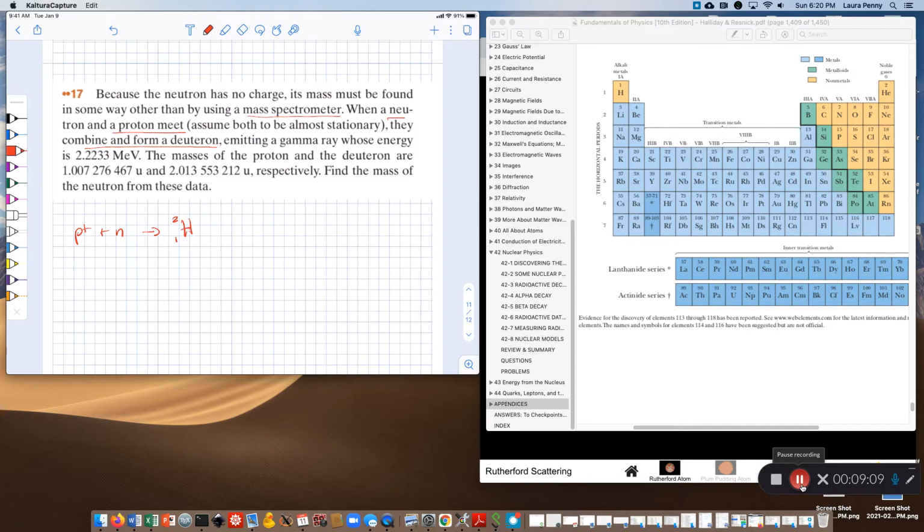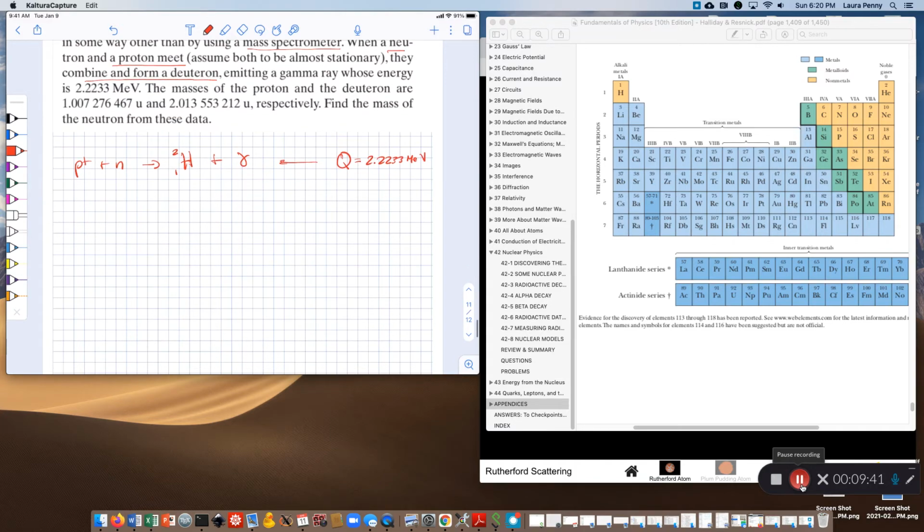They also have to produce a gamma ray, for a couple of different reasons, but also because there's now less energy in the deuterium than there is in the proton and the neutron when they were free. And they tell us that the Q that comes out here is 2.2233 MeV. That's the energy coming out in this gamma ray.